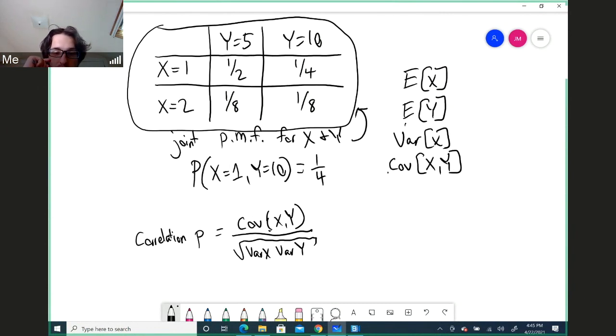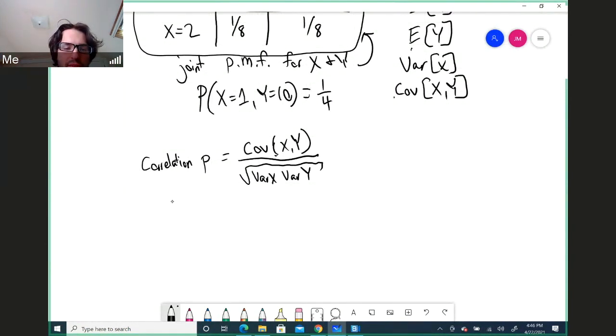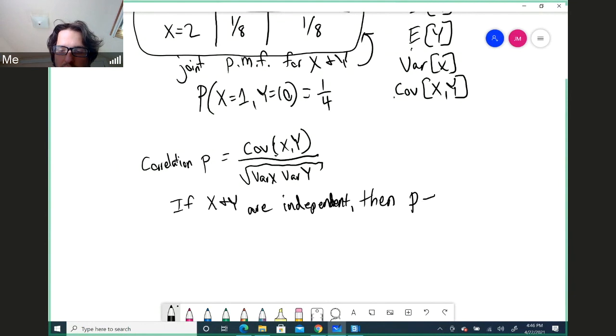One thing I will mention about the correlation, and this is a question that many professors, including Dr. Goldsman, sometimes like to ask, is the relationship between correlation and independence. If X and Y are independent, then the correlation equals 0.